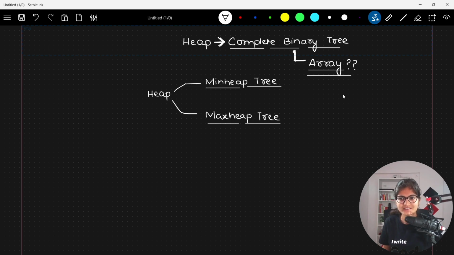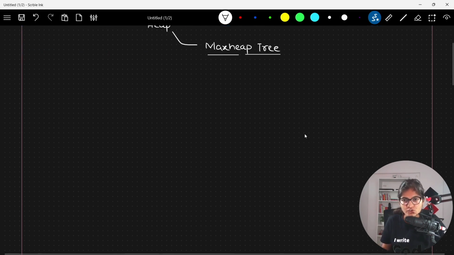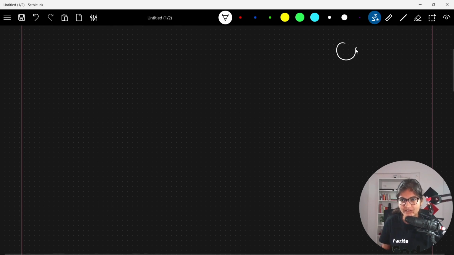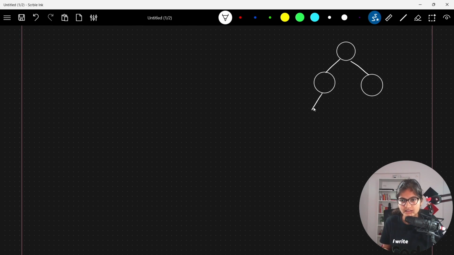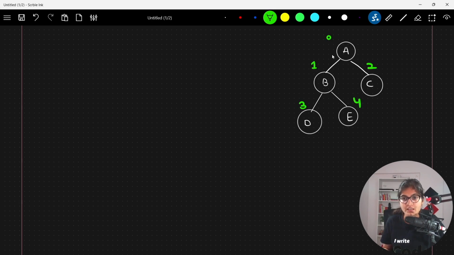So let's first try to understand what the storage of the Minheap tree or the Maxheap tree should be, and why is that so? Usually, suppose you have a tree like this, where you have some data like A, B, C, D and E. So indexing will happen like this: 0, 1, 2, 3 and 4.